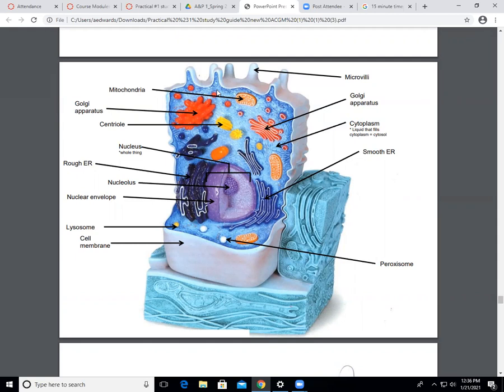Hold your board up while you're walking around, write your answers. When you come to the station, it's gonna have a cell there and have a label and number on it. The question on the table will say, what is this structure? Or what does this structure do? And you write it down. So you need to be comfortable whether you're looking at that, or that, or that, so you know what the parts are. Okay?